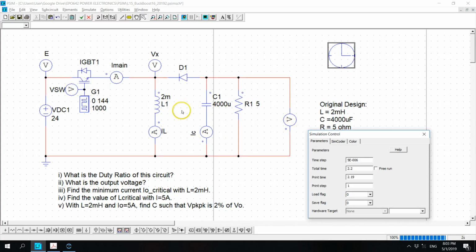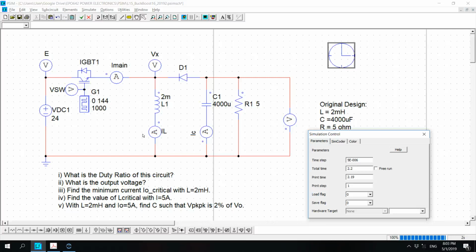And of course, when you use a large capacitor, you need to understand that the circuit takes a longer time to get into its steady state, because you only analyze the circuit when it reaches the steady state.